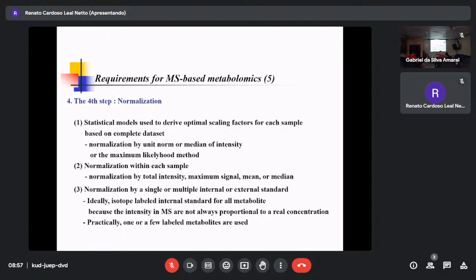To remove variation between sample and sample. Yesterday I mentioned the urine case: very concentrated urine and very diluted urine.